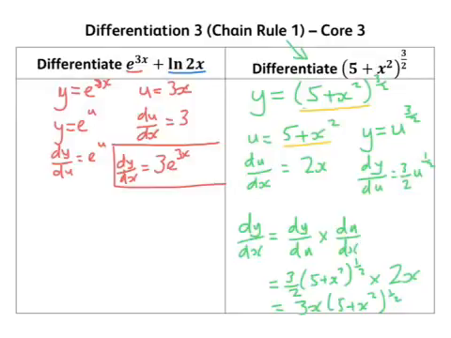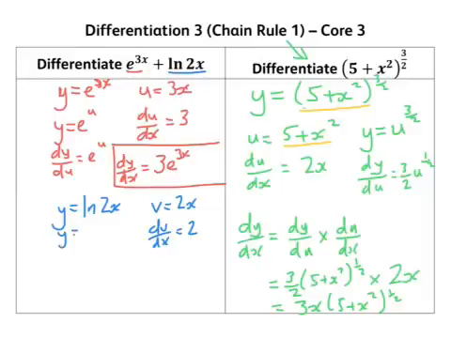Now, going to the red, I know I'm using y again. I'm going to say y equals ln 2x. I'll call it v this time. v equals 2x, so dv dx equals 2. Then y equals ln of v, so dy dv equals 1 over v.